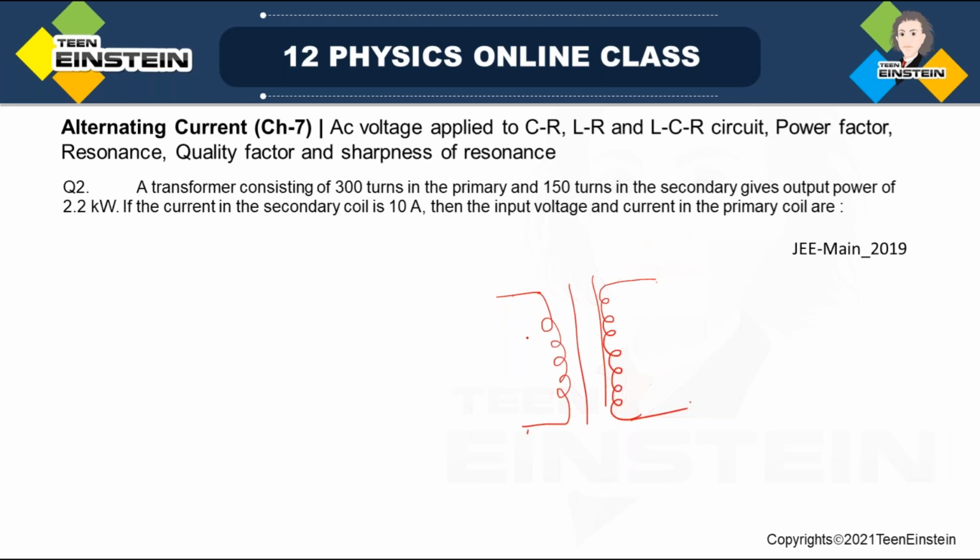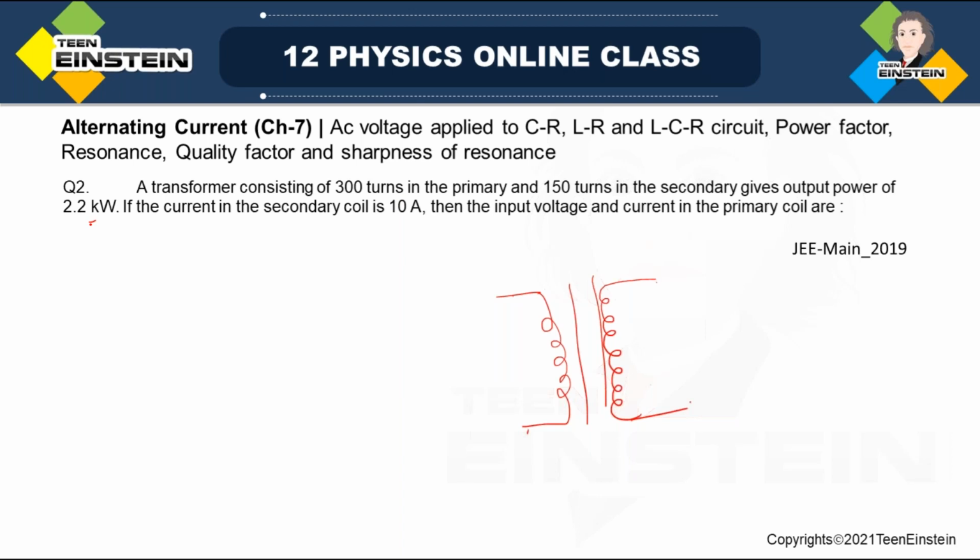So a transformer consisting of 300 turns in the primary and 100 turns in the secondary gives an output of this much.